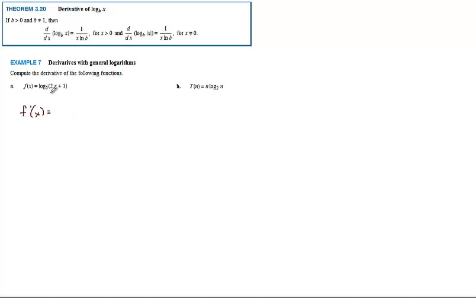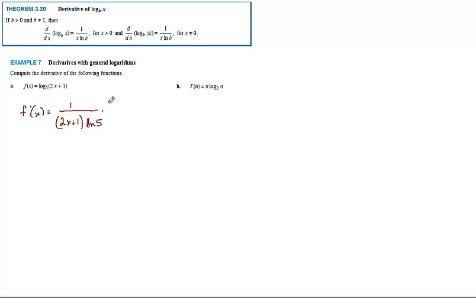This is log base 5 of some function of x, so we'll say u, and we're going to be using the chain rule. The chain rule says take the derivative of the outside. The derivative of log base 5 is 1 over whatever is on the inside, in this case 2x plus 1, times the natural log of whatever my base is, so that would be the natural log of 5.